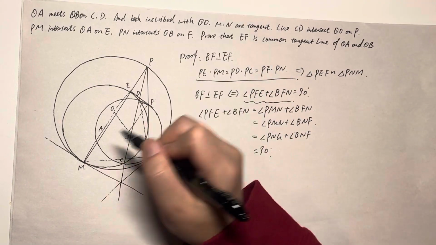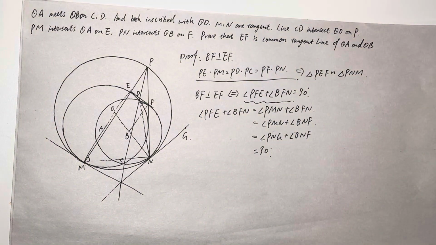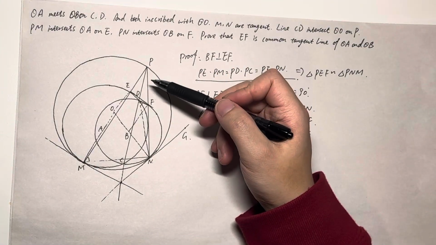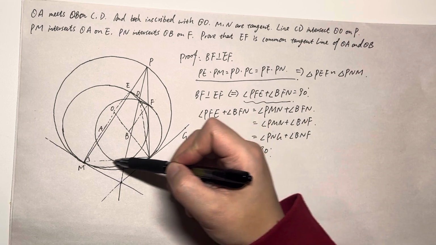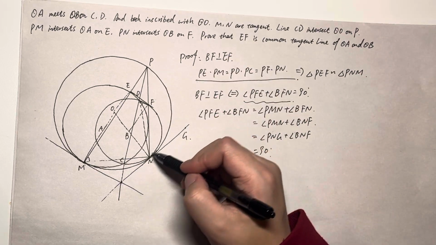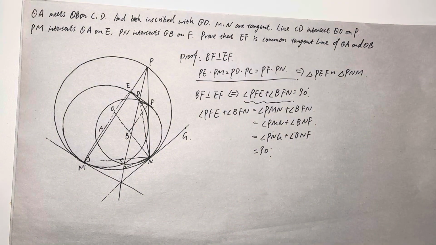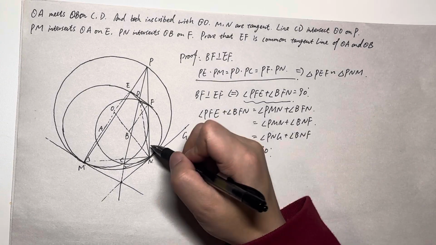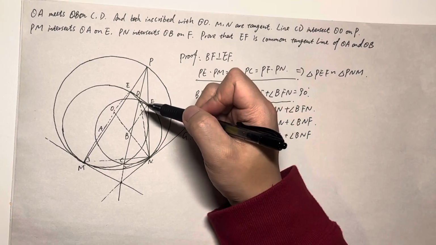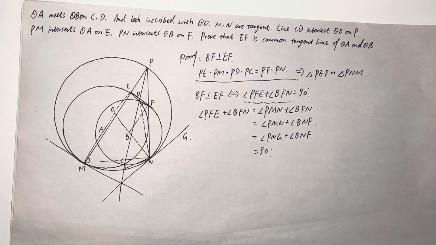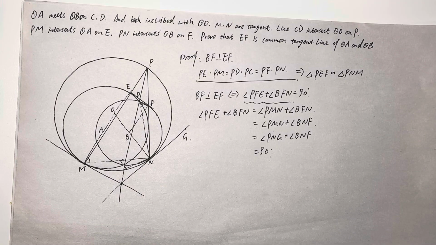Based on this one equaling this one, we want to find some congruent or similar triangles to prove that this angle equals this angle. I'll just leave it because it's too lengthy.